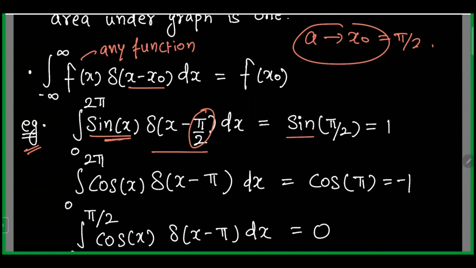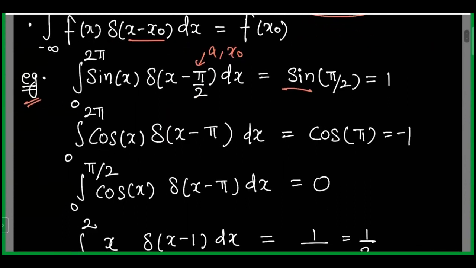Whenever there is a function multiplied with a Dirac delta function, you take the same function and put in the value of a, or x naught, whatever you want to call it. So my answer is sine pi by 2. Very good. Let's understand with one more example.